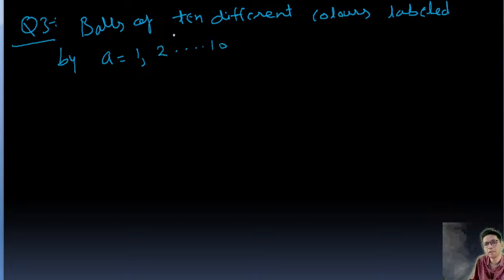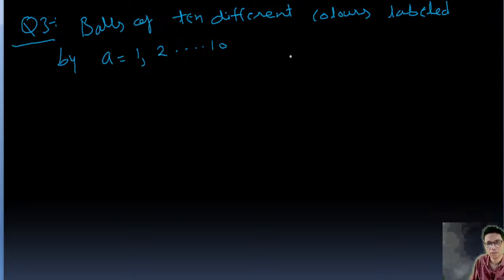Okay, so there are lots of balls of 10 different colors, labeled by a equal to 1, 2, 3, and so on to 10. So one color is represented by 1, second is 2, third is 3, and the tenth is 10.